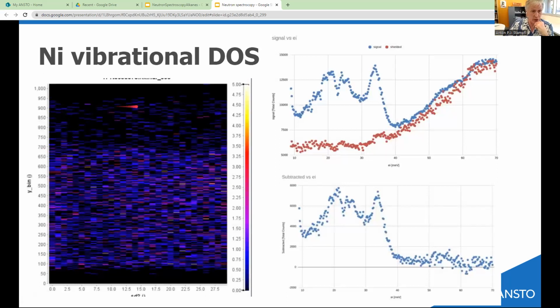This is the top of the detectors here, and this is the bottom of the detectors. And 0 means the first detector. That's on the left-hand side, on one side of the detector bank, and then over here is number 29. You can sort of see it here. You can see the actual detectors themselves just by the way they're counting, right? You can sort of see the stripes.